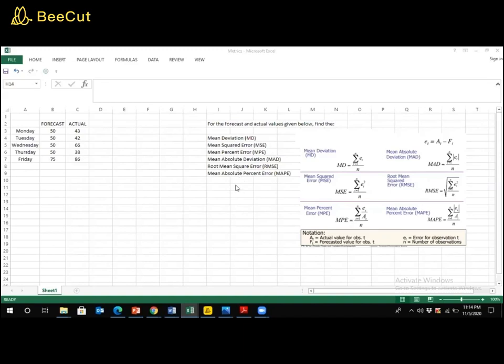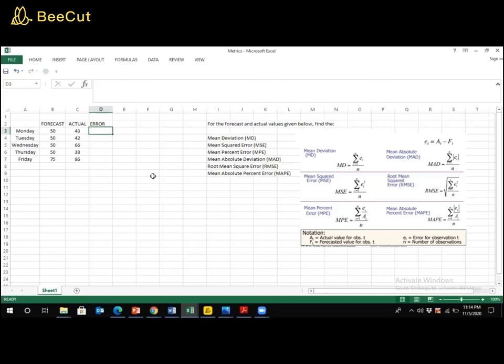So hopefully you will get a good understanding of how to calculate the error using all of these methods. First things first, we need to calculate the error. The formula is right here. Error is actual minus forecasted.